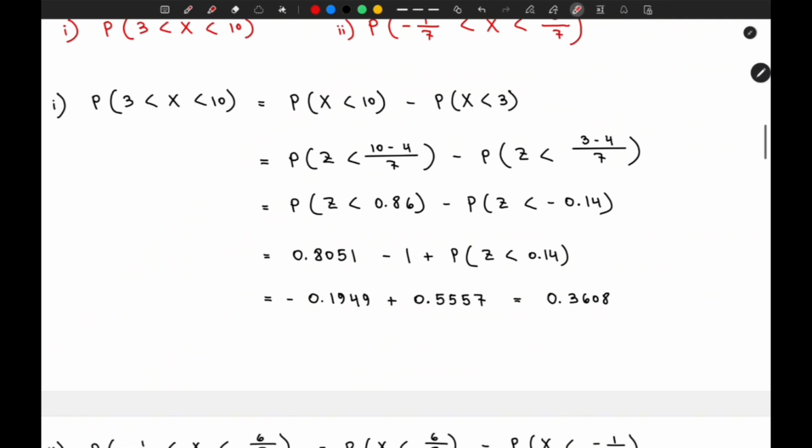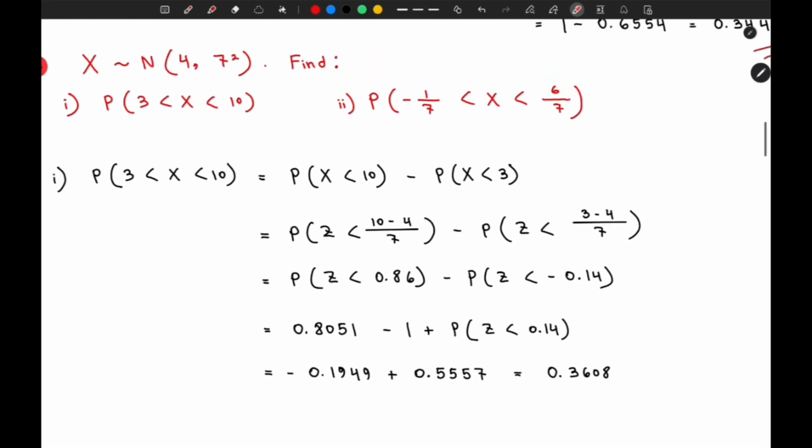And when the value of z is 0.86, the value of phi z is 0.8051. And the value of this is 0.5557. We calculated these two values from the statistical table. So the final answer is 0.3608.